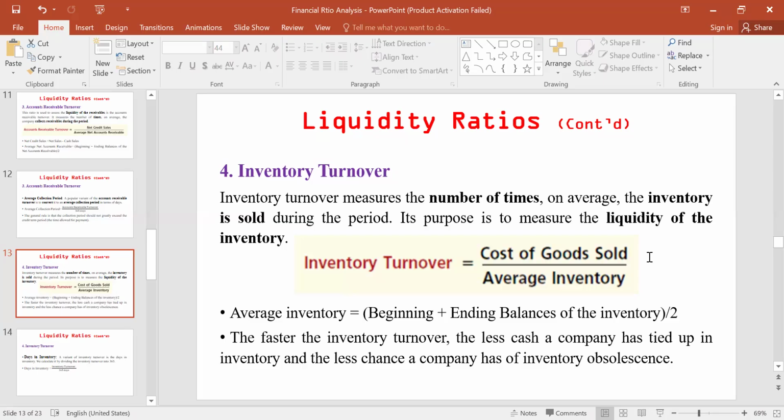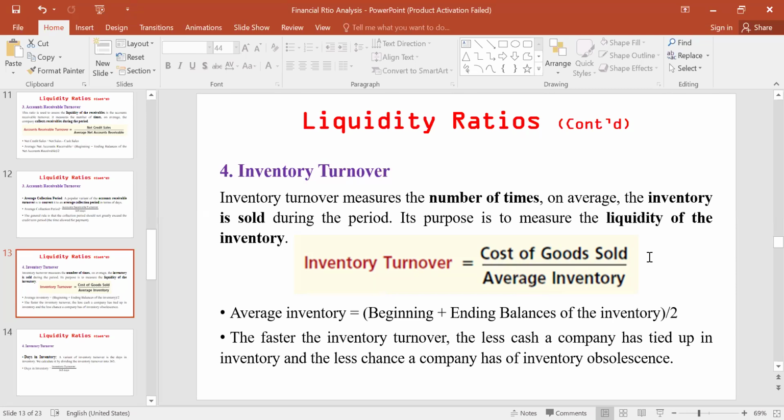Say for example, you want to buy 100 laptops, you set the selling price at 10 lakh, but the actual total cost is 9 lakh. So this 9 lakh is the cost of goods sold.